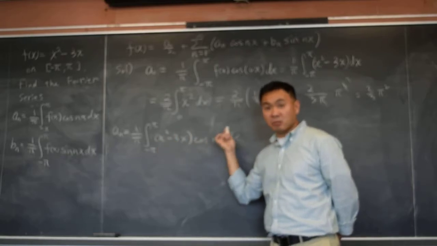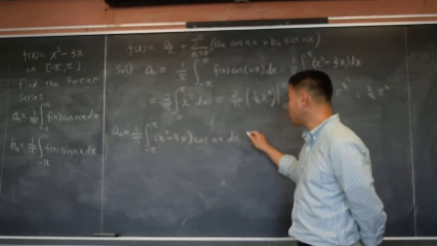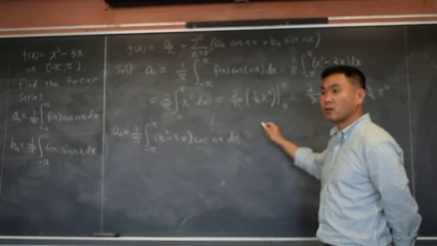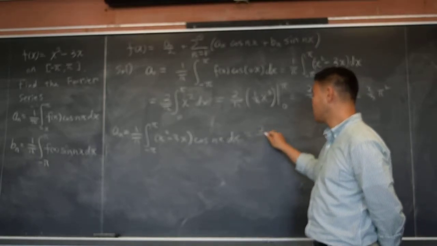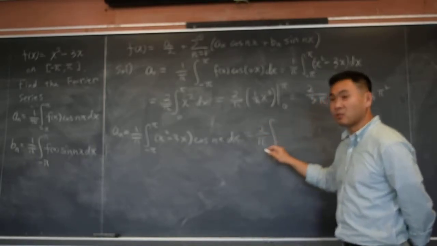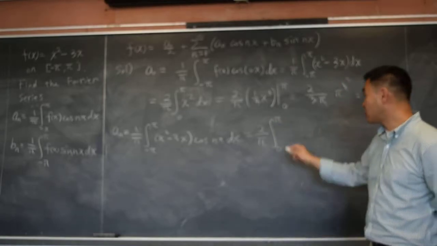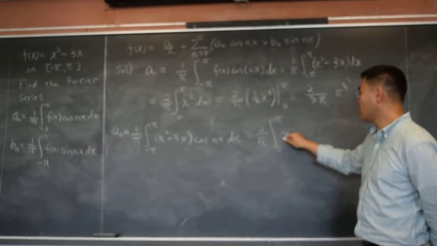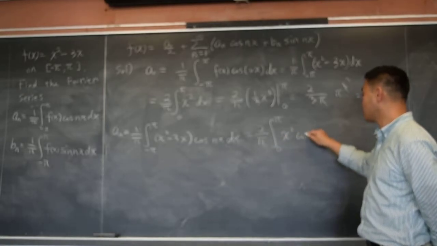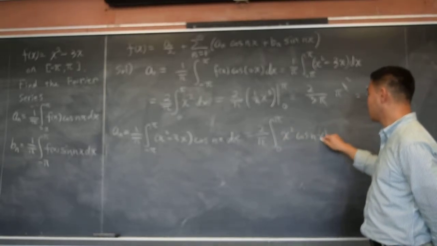Even times even gives you an even function, therefore what should you do? Double, and make the integral from 0 to pi instead of negative pi to pi. X squared cosine nx.